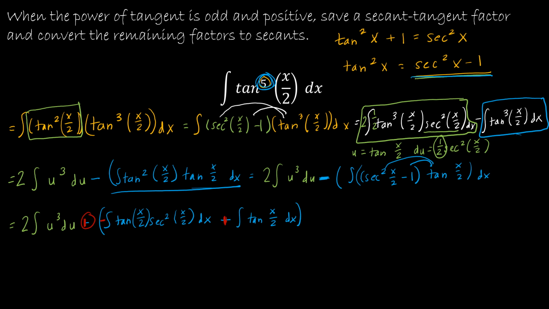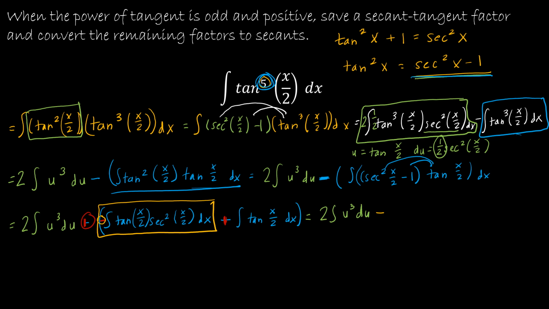Now let's continue. Again, I'm just going to keep writing that first integral until I'm ready to integrate everything, and I'm not there yet. So my first integral is 2 times the integral of u cubed du. And the second, which I'm going to make yellow, is going to then be minus, because obviously I have that negative there.